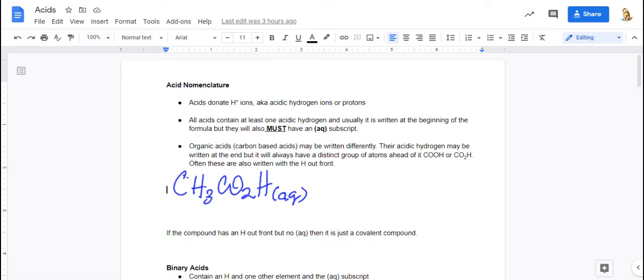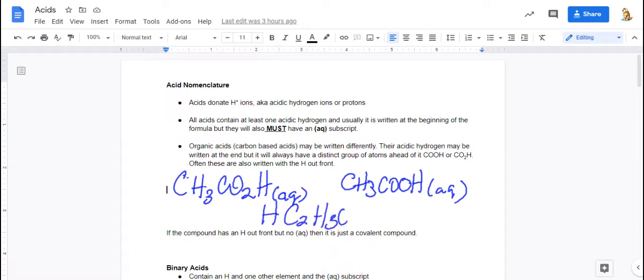This is also called ethanoic acid, or it could be CH3COOH, has to have an AQ, or HC2H3O2 with an AQ.